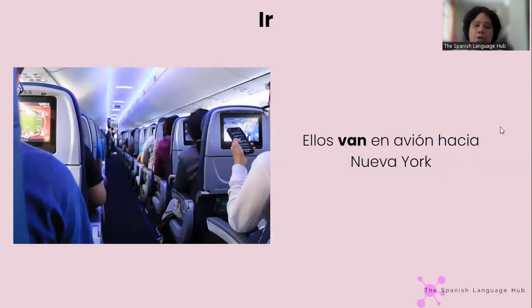Ellos van en avión hacia Nueva York. So, ellos van en avión. This is a means of transportation. So, van en. They go by plane to New York. So, van en avión, van en carro, van en bicicleta. Por ejemplo, van en bus.